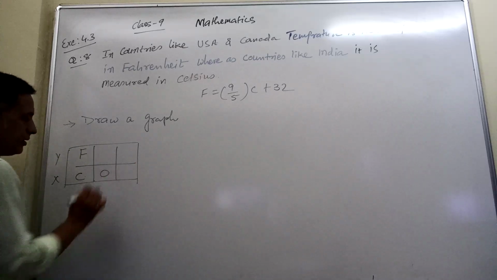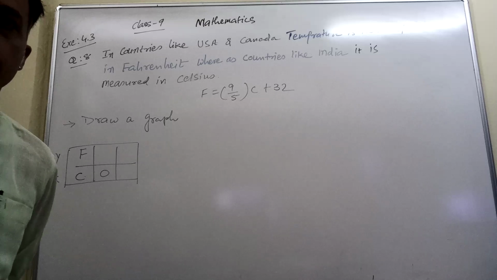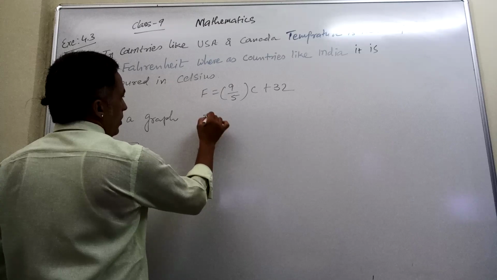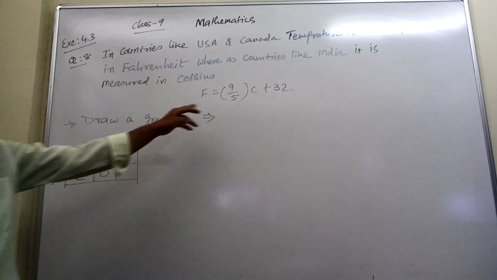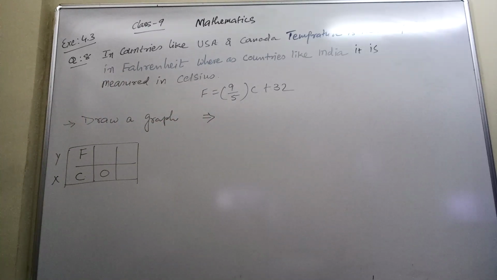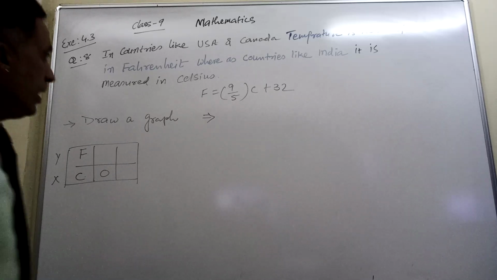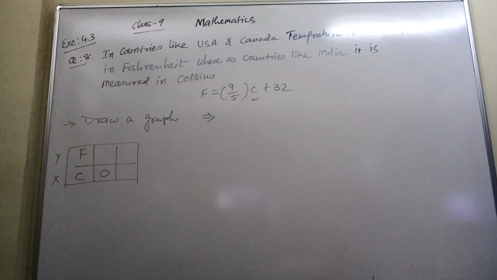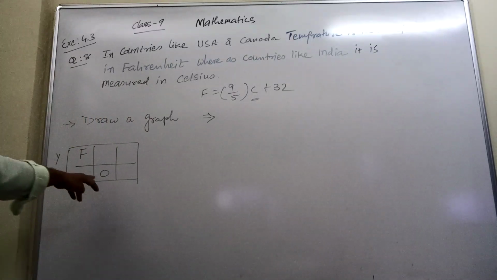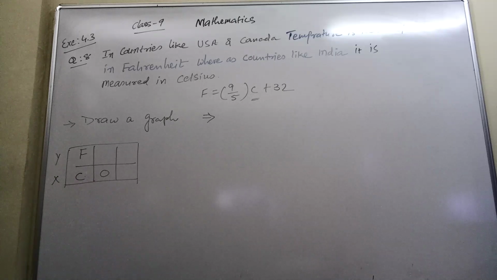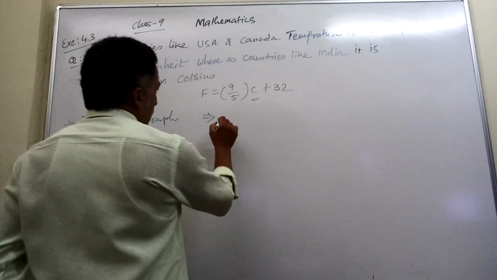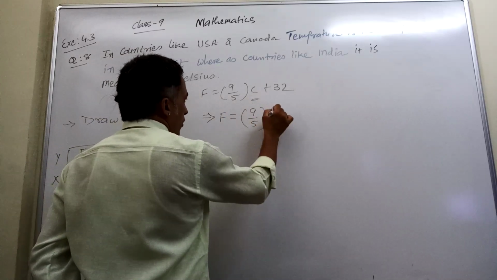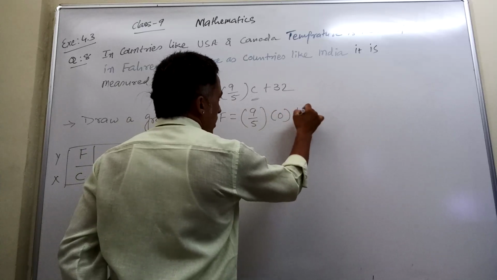Here, let's take C is equal to 0. So, when I solve this equation, F is equal to 9 upon 5 into C plus 32, I will substitute the value of C that I have considered, 0. So F is equal to 9 upon 5 into the value of C, that is 0, plus 32.